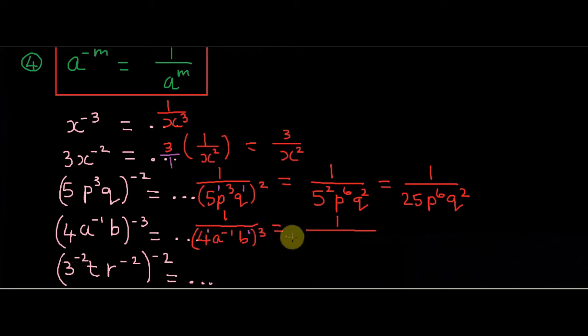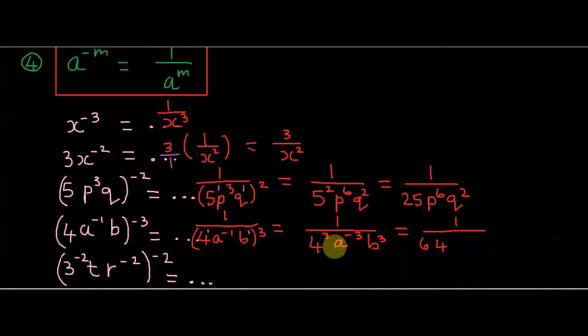So 1 times 3 is 3, so it's 4 cubed. Minus 1 times 3 is minus 3. We can simplify this further. 4 cubed is 4 times 4 times 4, which is 64.